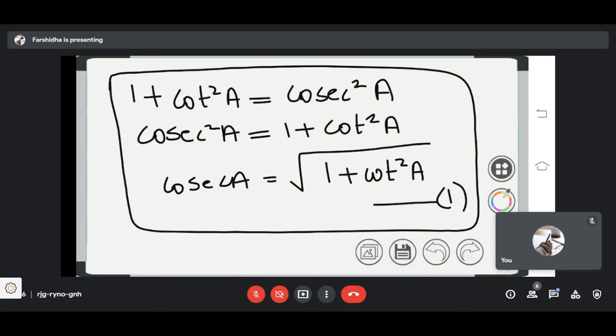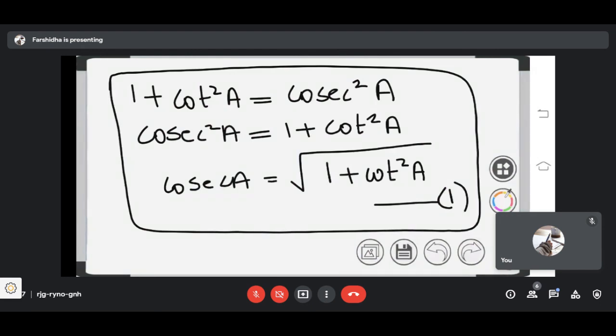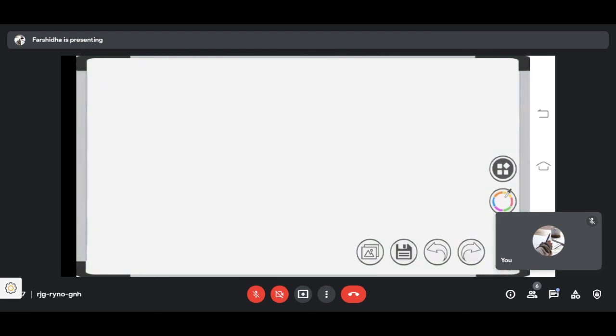Now come to the question. Represent sin A in terms of cot A.